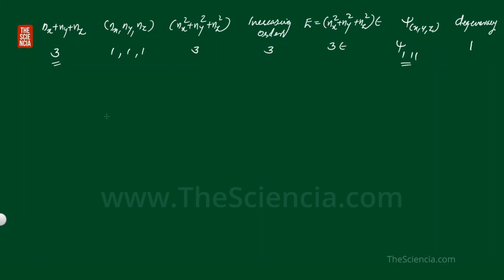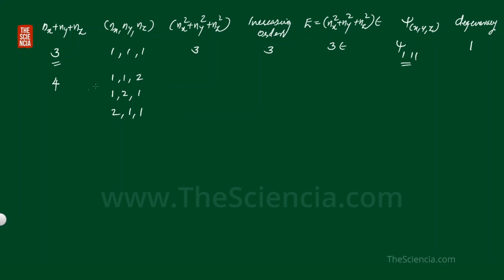Now we can take the other combination, that is 4. 4 means we can take nx as 1, ny as 1 and nz as 2, or nx as 1, ny as 2 and nz as 1, or nx as 2, ny as 1 and nz as 1. When we add, we get 4.